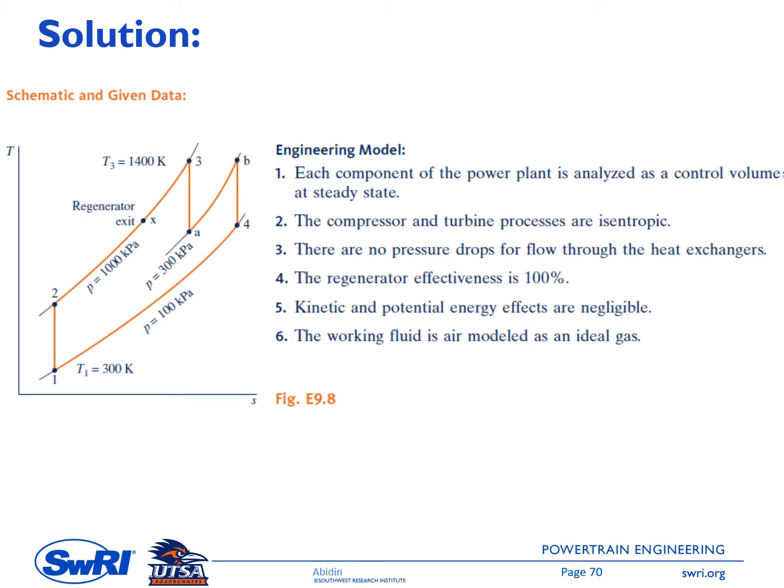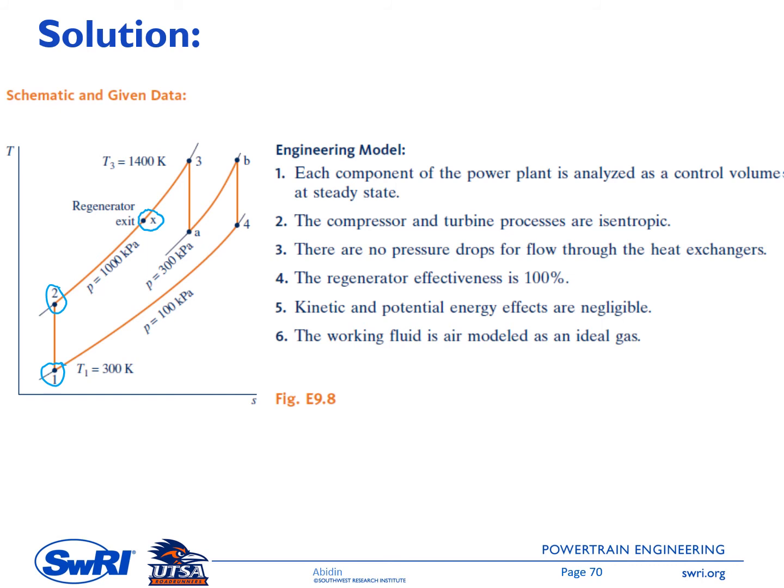And this is the T-S diagram. So we have state 1 at the entrance of the compressor, and then at the exit of the compressor we have state 2, and then state X. This one is at the exit of the regenerator, and because the effectiveness of the regenerator is 100%, Tx equals T4.